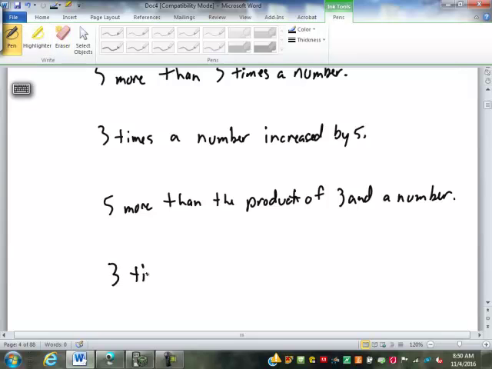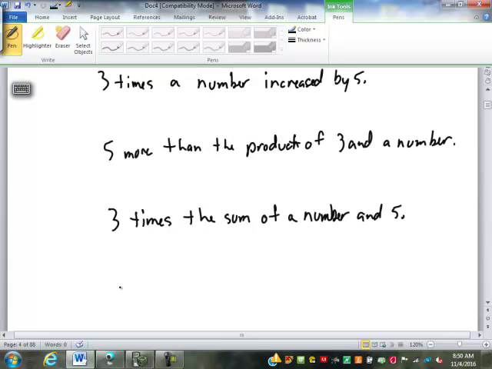Three times the sum of a number and 5. And the sum of 5 and 3 times a number.